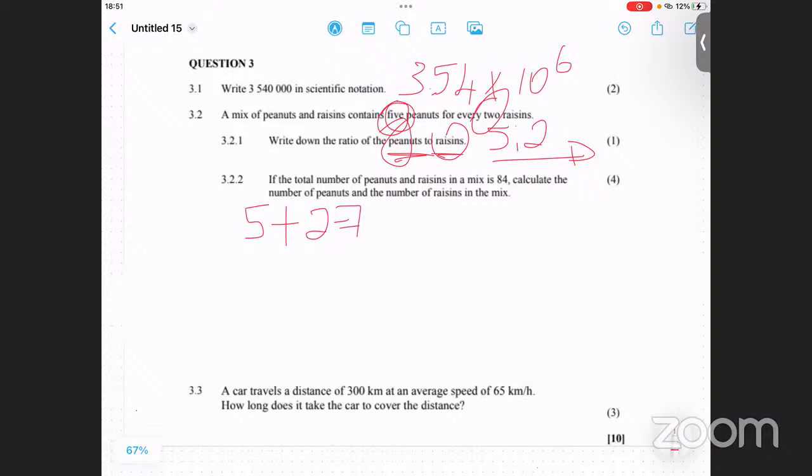So, ma'am, I used some variables. I said let P equals number of peanuts, and let R equals number of raisins. And then, ma'am, I said P plus R equals 84.